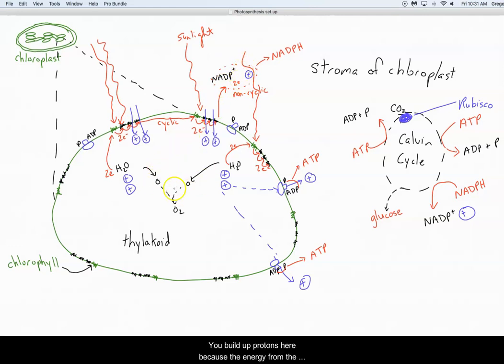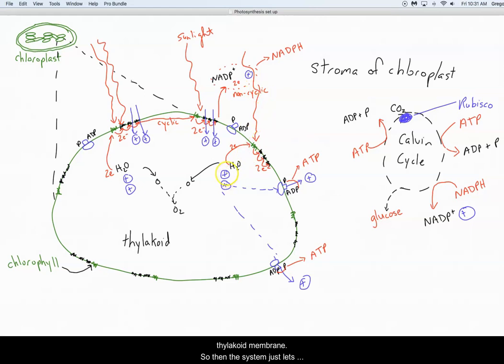You build up protons here because the energy from the electrons pumps protons across the thylakoid membrane. To replace the electrons lost by chlorophyll, you rip water apart, creating even more protons. So you've got the positive charge inside the thylakoid, the negative charge inside the stroma, outside the thylakoid membrane.